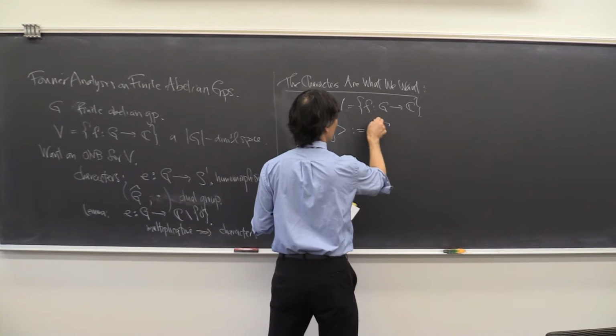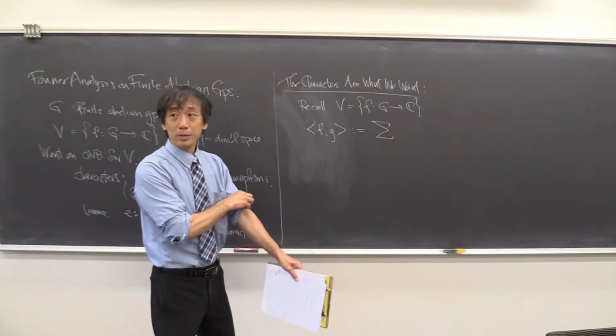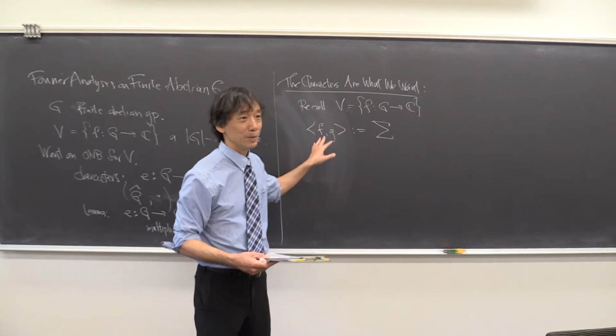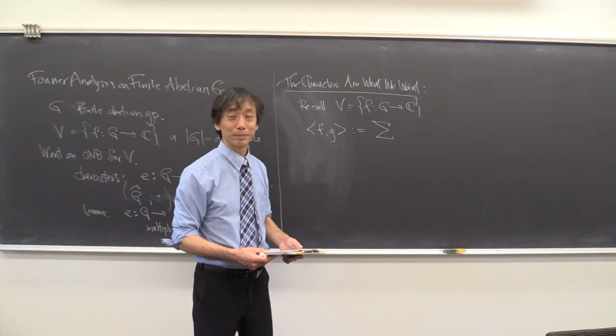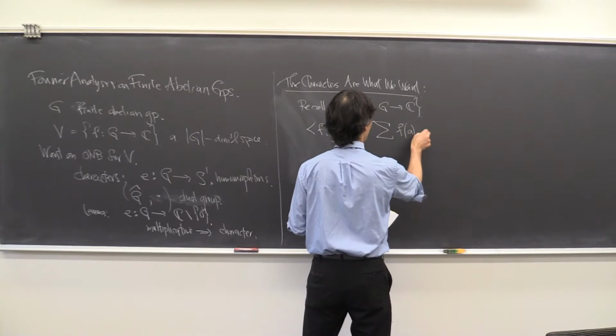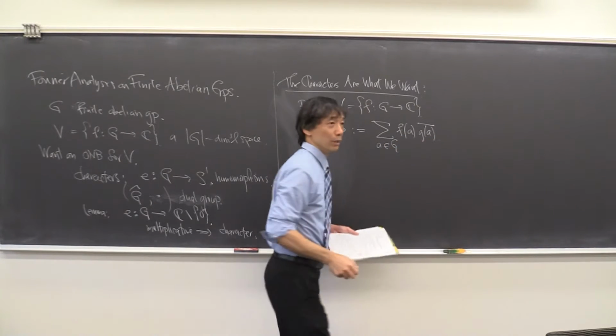What's the usual way? It's f times g bar, summed over all elements of the group.